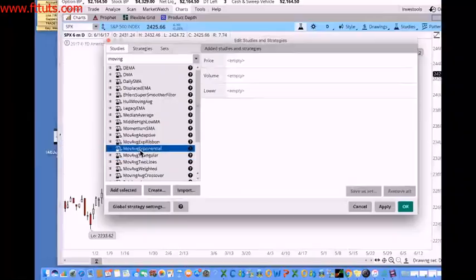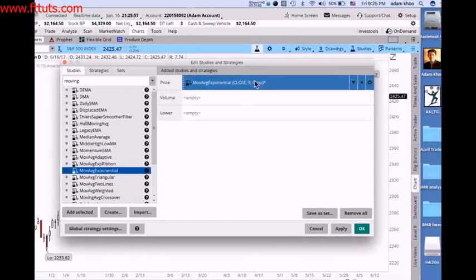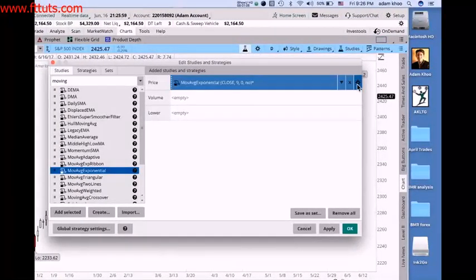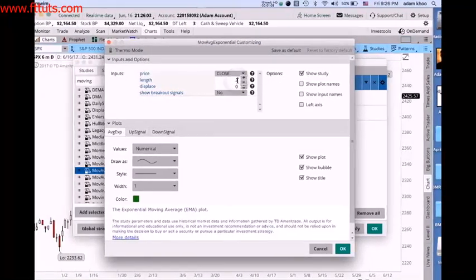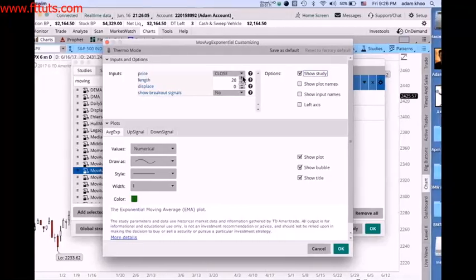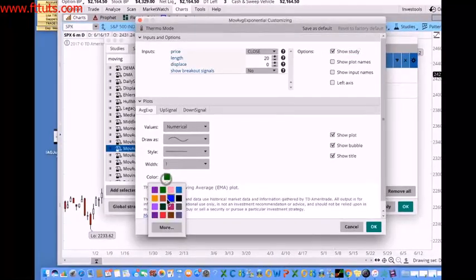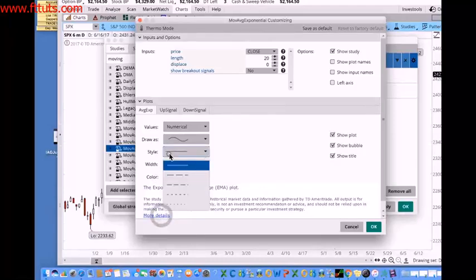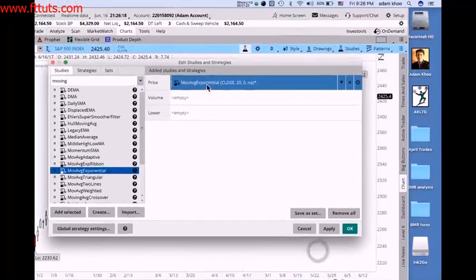Moving average exponential, double click on that. And for the exponential EMA, I will edit it to 20 because I want a 20 EMA to measure the short-term trend. I'll usually use red for the 20 EMA and put a dotted line. Okay, so that's my 20 EMA.